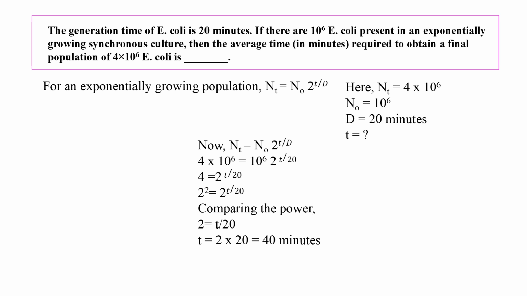When you put these values into the formula, you will find that T comes out to be 40 minutes. The answer is therefore 40. So you will have to put this numerical value 40 from the virtual keyboard as the answer for this question.